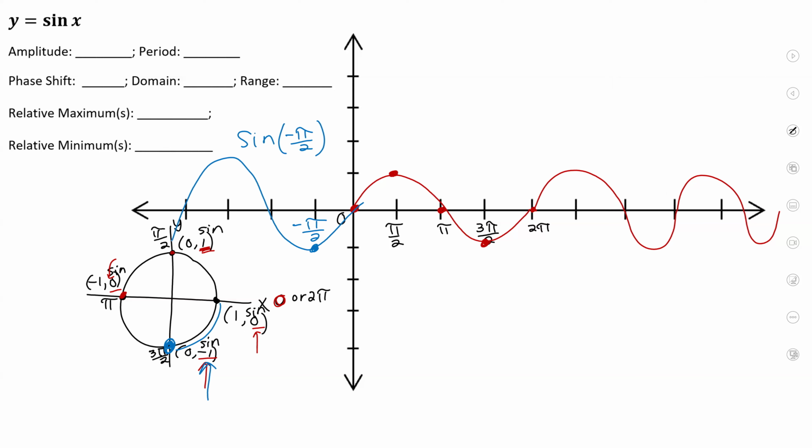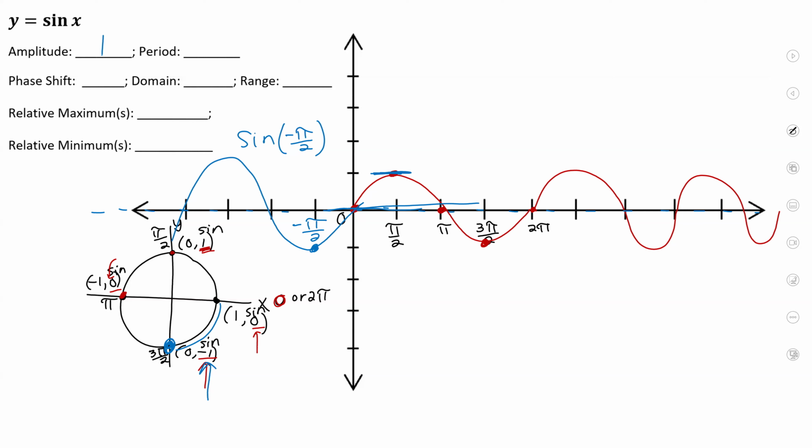So let's answer the questions. Amplitude means your midline. This is your midline. The distance from the midline to the highest point. What's the distance between the midline and the highest point? 1. So your amplitude is 1.